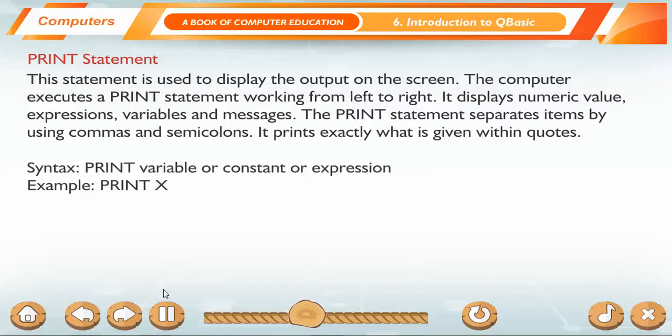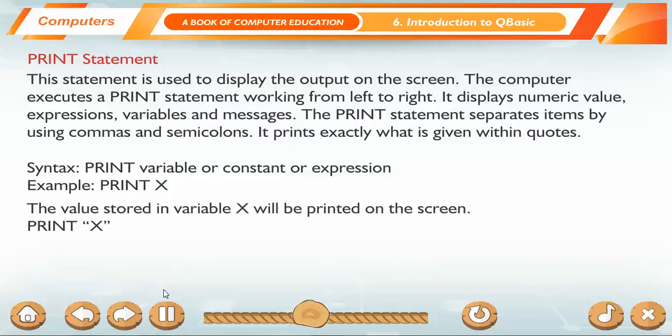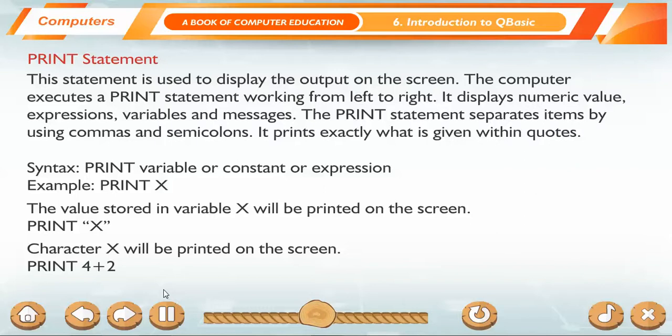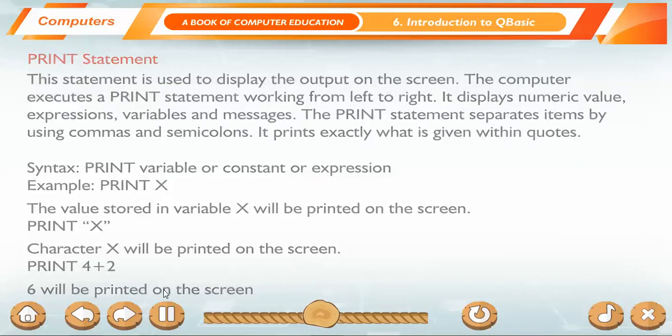Syntax: PRINT variable or constant or expression. Example: PRINT X. The value stored in variable X will be printed on the screen. PRINT "X". Character X will be printed on the screen. PRINT 4 + 2. 6 will be printed on the screen.